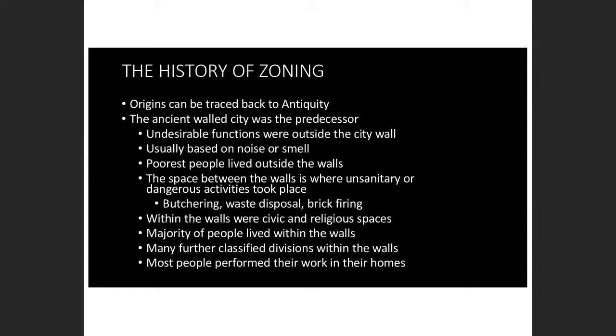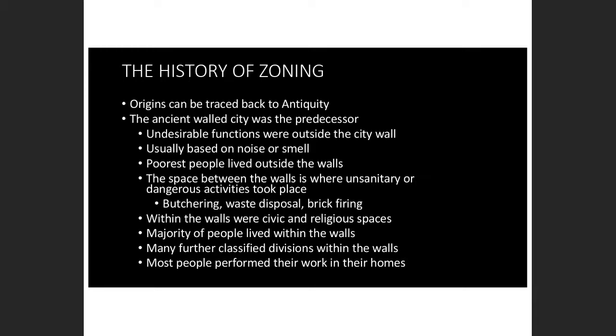Again, zoning is not something new. People living in towns and cities have been doing it, traced back to antiquity a couple thousand years ago, right? We had ancient cities that were set up with walls, and we put all the undesirable things outside the city walls. Things that were noisy or smelled bad, we put outside the city walls. We probably put the poorest people outside the city walls, right?